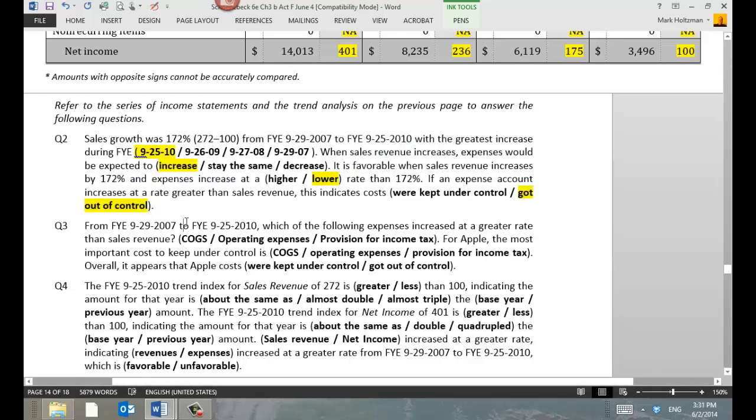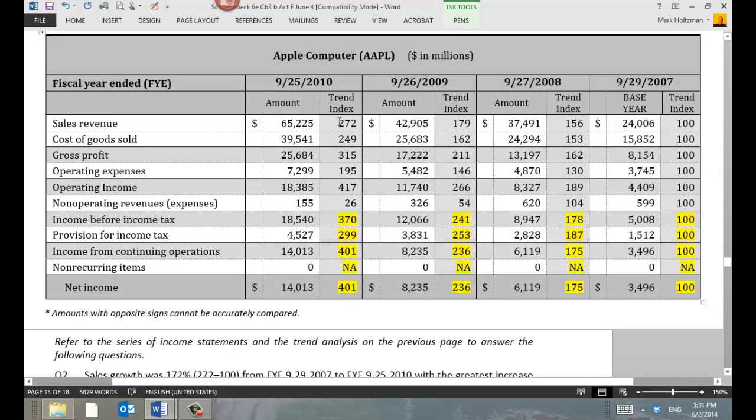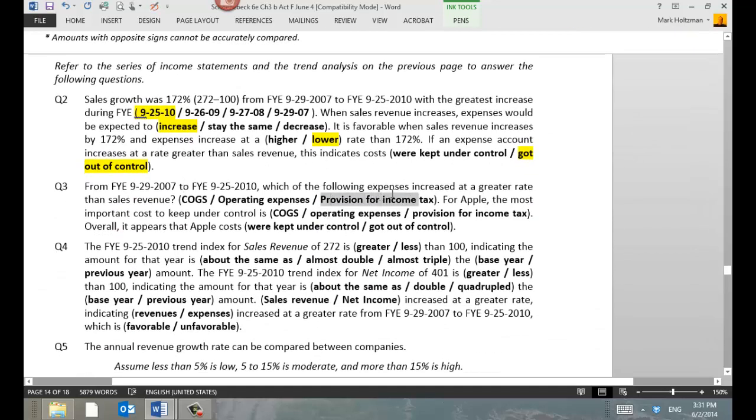Which of the following expenses increased at a greater rate than sales revenue? So sales revenue increased 172%. What increased at a higher rate? Provision for income tax. For Apple, the most important cost to keep under control is what? Cost of goods sold.